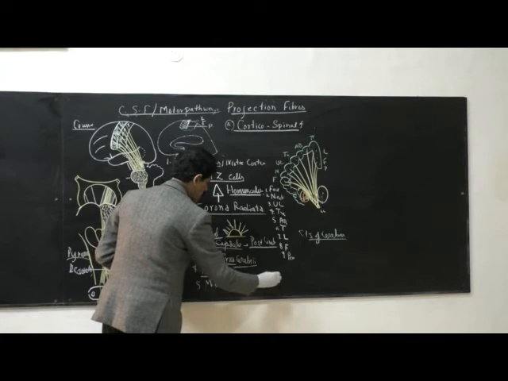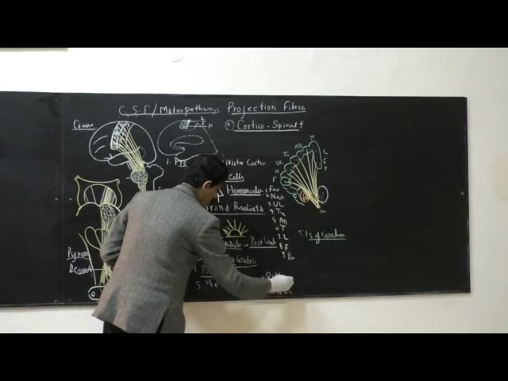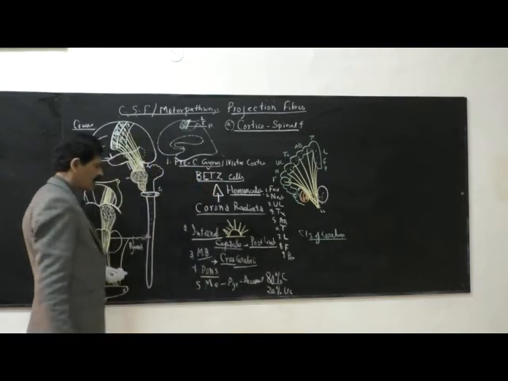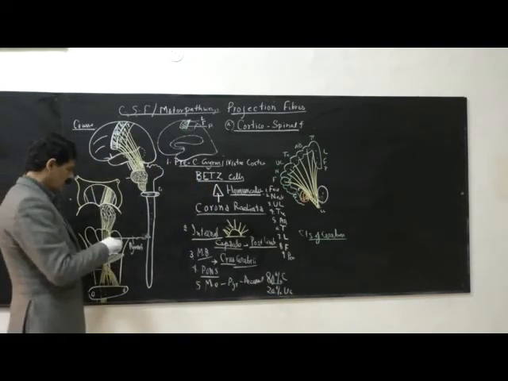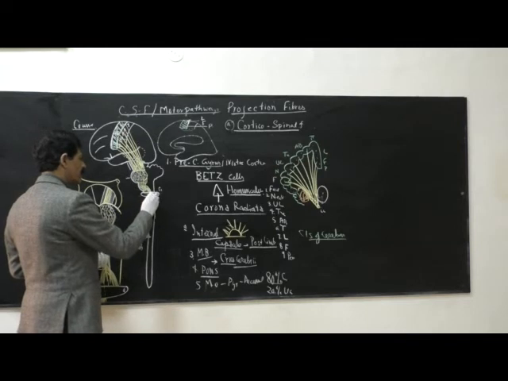80% decussate, and 20% are uncrossed or undecussated. So crossed fibers are 80%. Now after crossing, these 80% of fibers occupy the lateral position, the lateral column of the spinal cord.